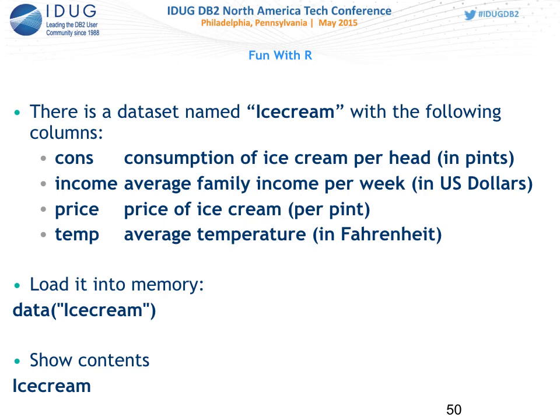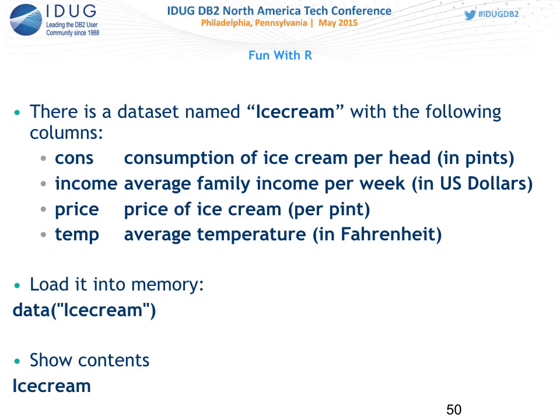Some of them were extremely boring. I've got 10 minutes, so I'm going to speed up some of this. What this data set had was the consumption of ice cream per person in pints, the average income per week, price, and temperature. And I wanted to do some analysis with this data to see if any of these variables meant anything to each other.